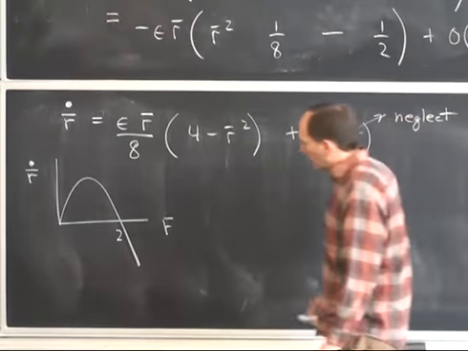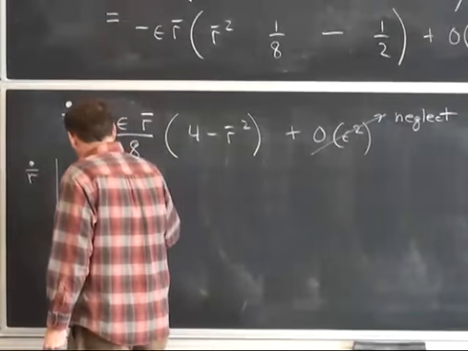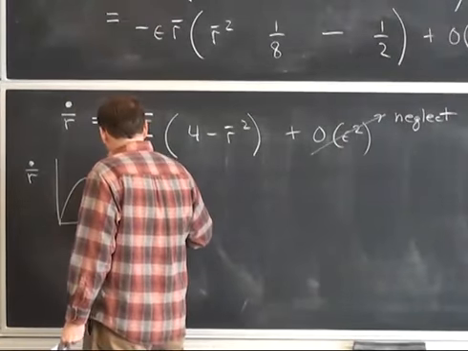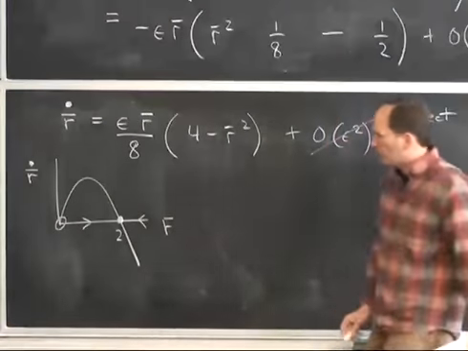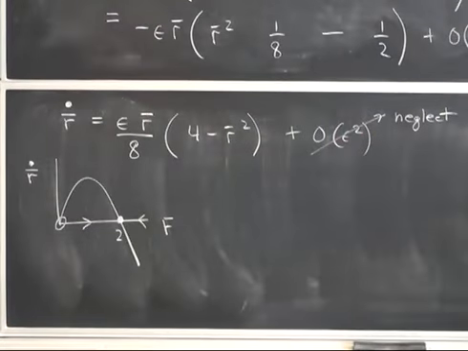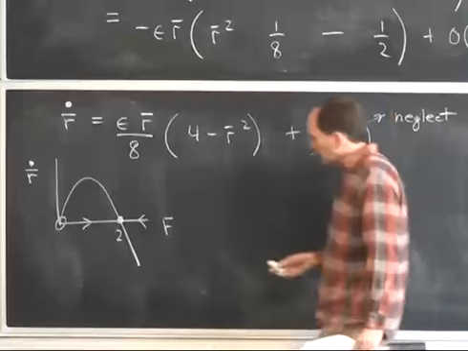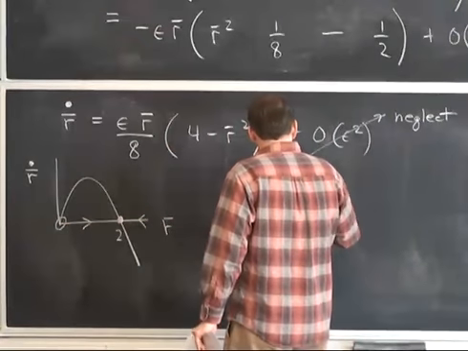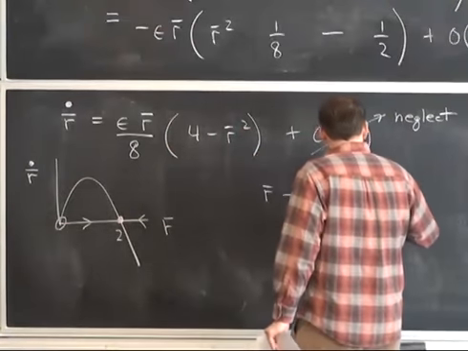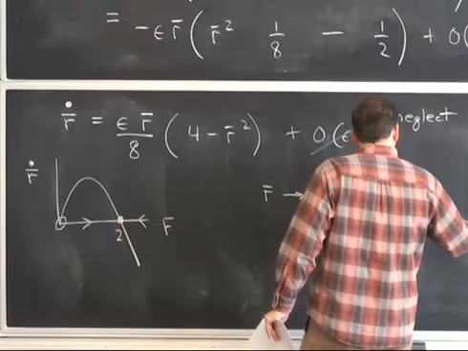And of course, we're flowing to the right here, and we're flowing to the left here, and this is a stable fixed point. There's an unstable fixed point at r bar equals 0. So what it's telling us is that the origin, which remember means zero amplitude oscillation, is unstable, and the system approaches r bar equals 2 as t goes to infinity.